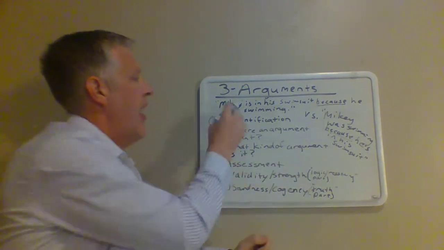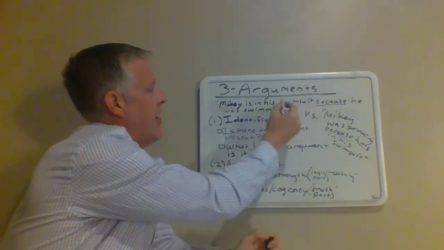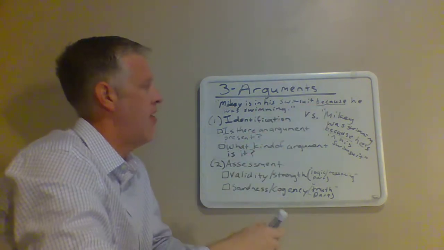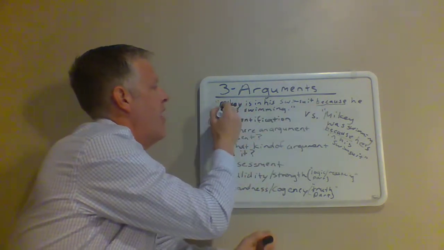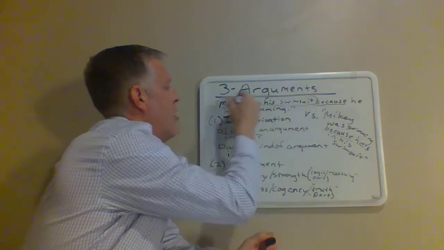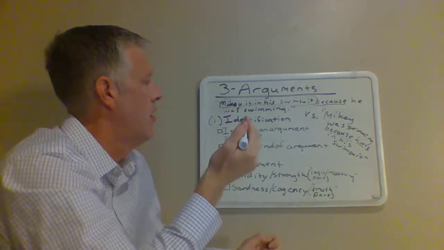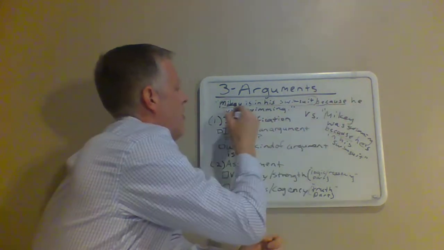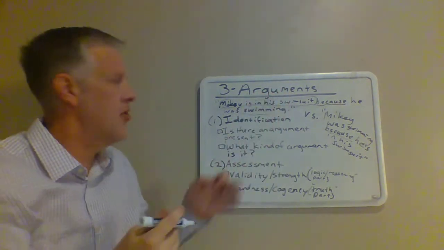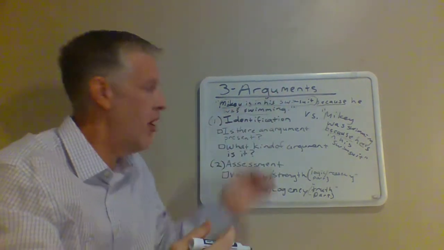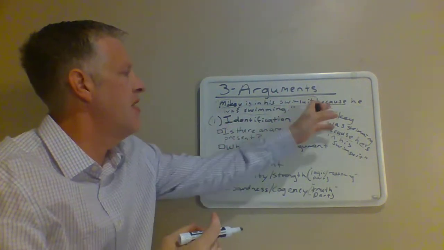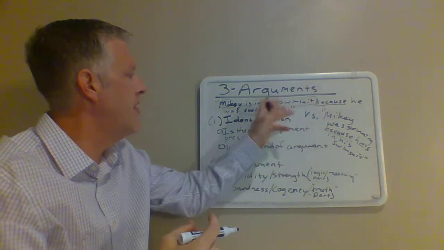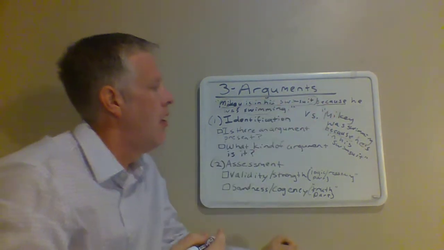Well, look at how they're expressed. Mikey's in his swimsuit because he was swimming, right? That seems to just kind of presume that this is the case, right? They're not trying to convince us that this is the case, right? They're just explaining why it is the case. It's almost like this is just obvious, right? There again, the idea is there doesn't seem to be the intent to convince us that this is the case, right?